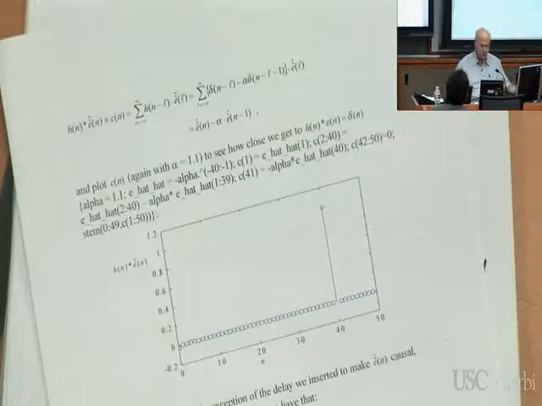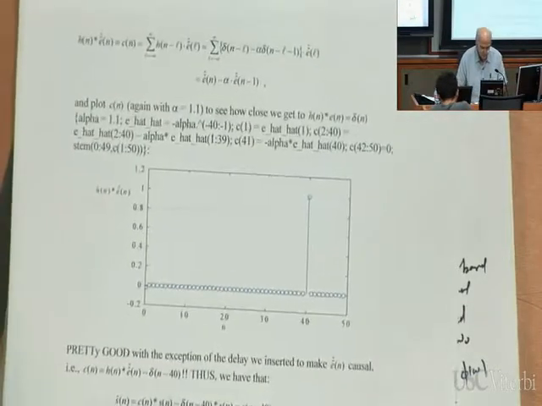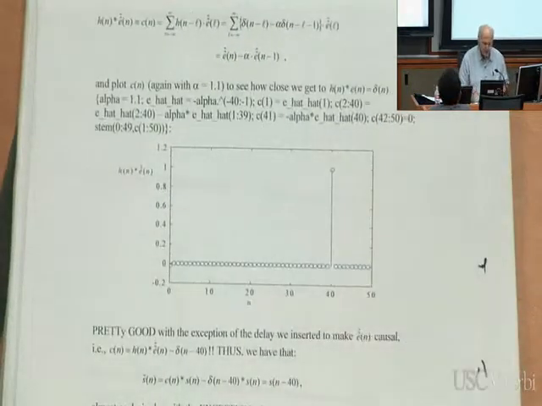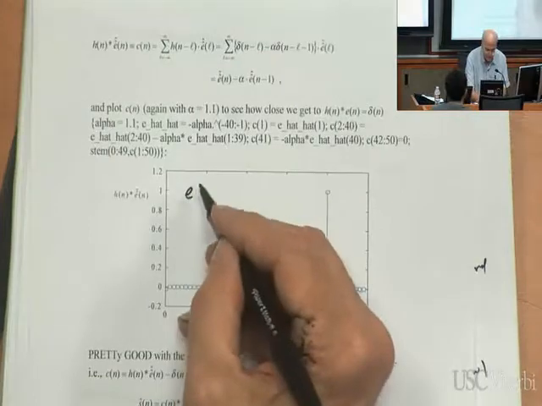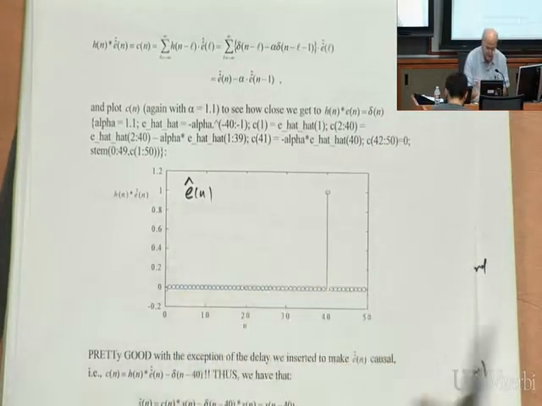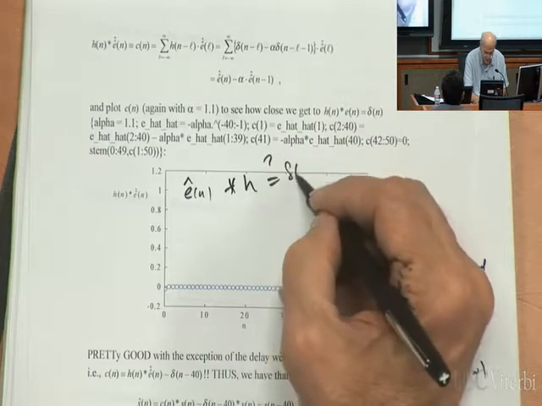It's an approximation to the non-stable solution. And when I did that, what I found was this: I took E hat of n, my approximation, which I call E double hat, and convolved it with h. What I want to see is a delta function.